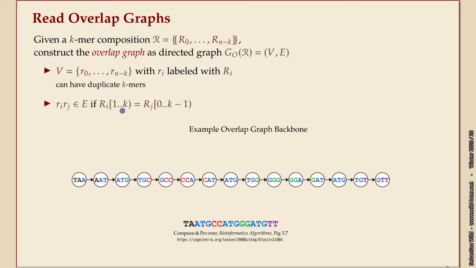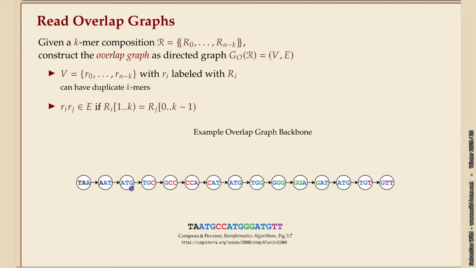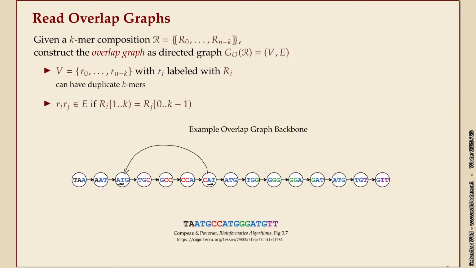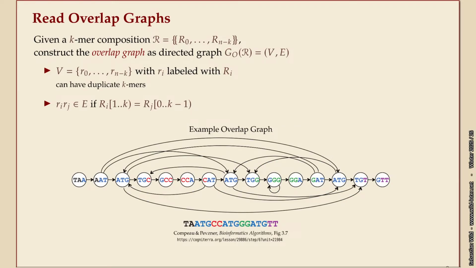Now, the graph we defined, of course, will have more edges because there's some overlaps. For example, this one starts with AT. This one ends with AT. So we should have an edge like this as well, right? And there's a bunch of others. Okay, this edge is drawn down here. But there's a bunch of other edges that come from this same overlap.